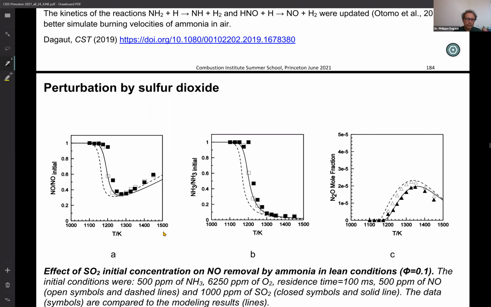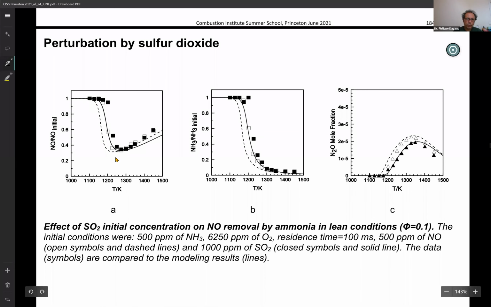And what we can see is that SO2 has no effect in terms of degree of conversion of NO, but you have a shift towards higher temperatures when you introduce SO2. So SO2 will slow down the process at a lower temperature, but will not significantly change the overall conversion of NO and consumption of ammonia.